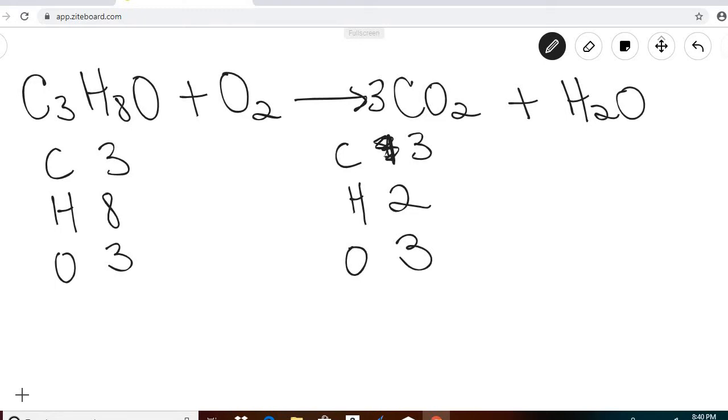Now if we put a 4 here for the hydrogens, that makes our hydrogens okay. We have 8 on each side. But now if we look at the oxygens, we still have 3 on this side, but we have 6 plus 4, we have 10 on this side.